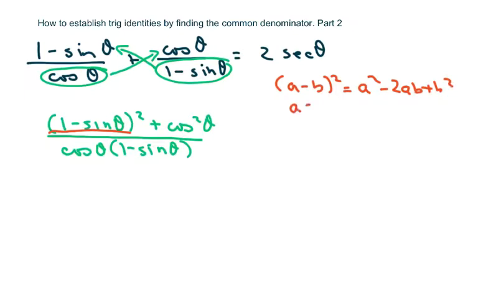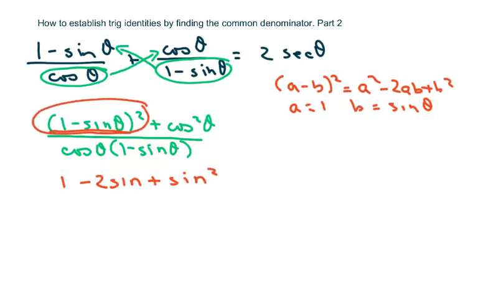My a would be 1, and my b equals sine of theta. All right, so we're going to do 1 minus 2 sine plus sine squared. That's this part. Then I'm going to add my guy here, cosine squared, and then just copy the denominator down.